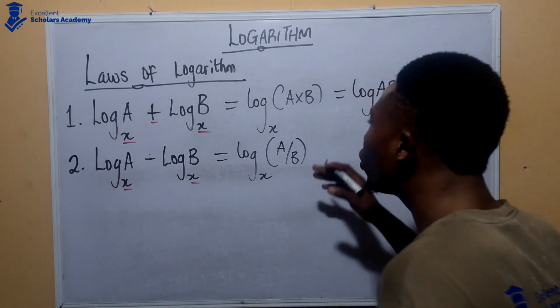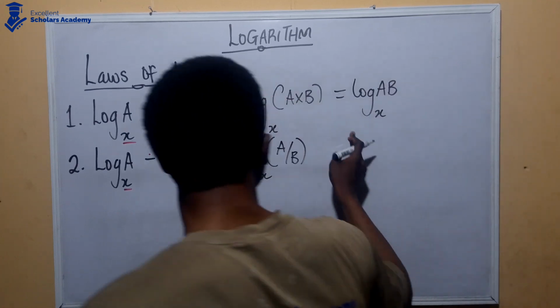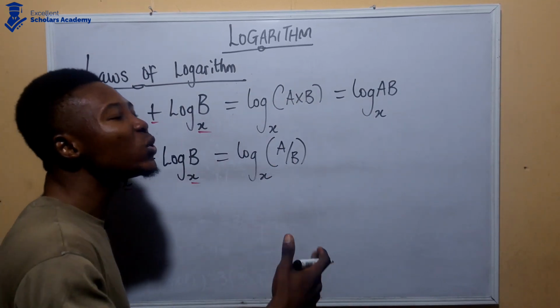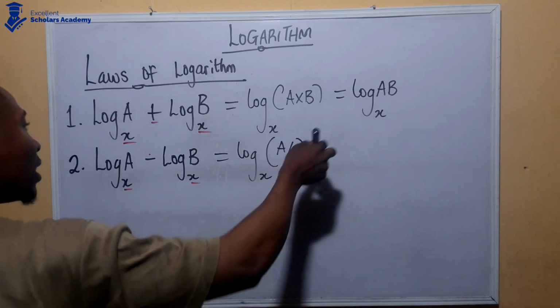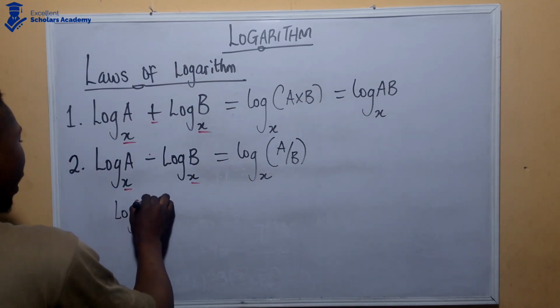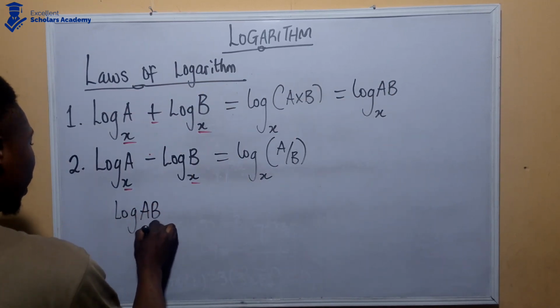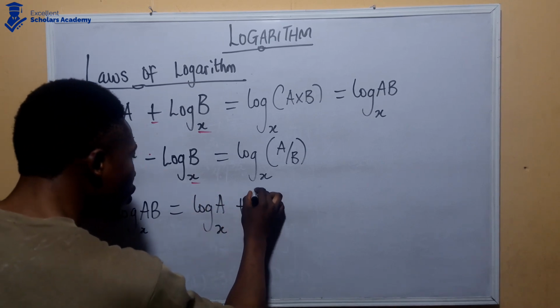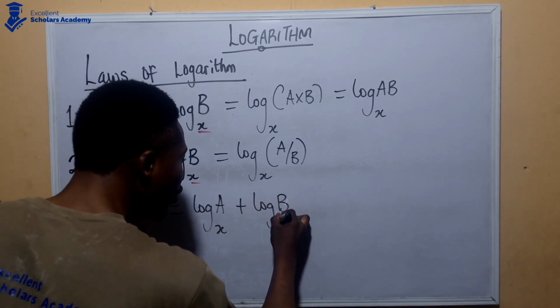Now before I go further, these two laws, this first one and this second one, can also be split. For instance, log ab base x can be split back into log a base x plus log b base x. I want you to note this.